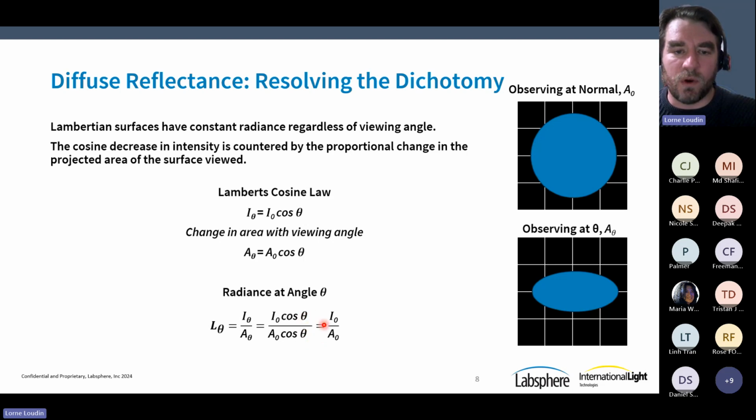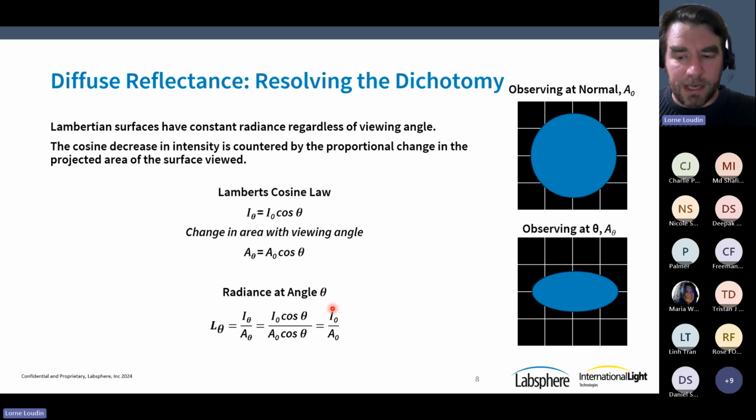Cosines cancel out, and what we see is that the intensity at the normal divided by the area at the normal is equal to the radiance at an angle of theta. Okay, so the Lambertian material does not exhibit a change in radiance with changing cosine, or changing angle.